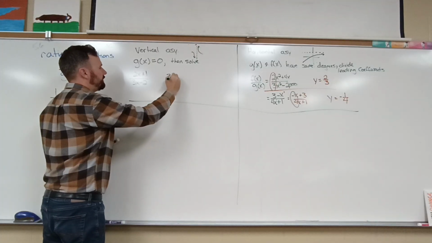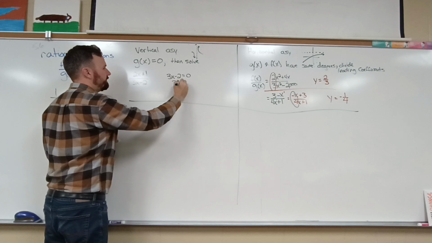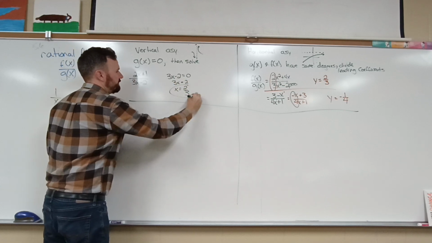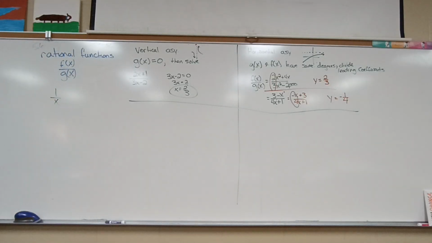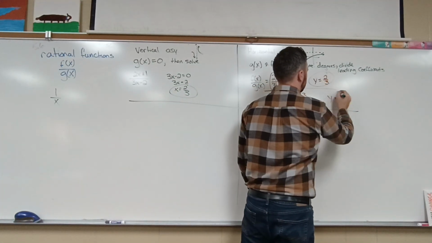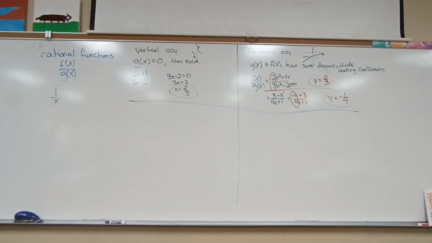So I set the bottom equal to 0, and what do I get? I get x equals 2/3. And then I'm done. That is the vertical asymptote, because vertical lines are x equals, right? Horizontal lines are y equals. That's the new stuff from this section. The rest of the section's old stuff, actually.